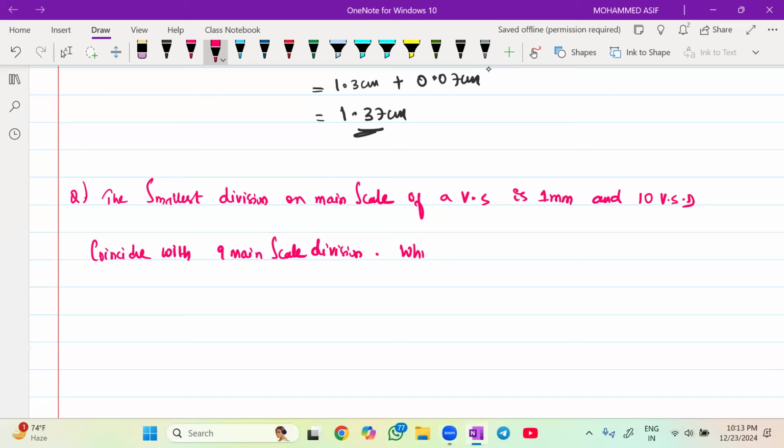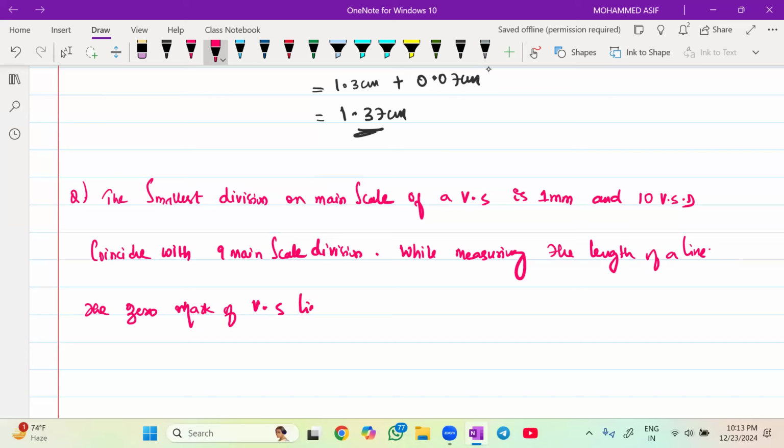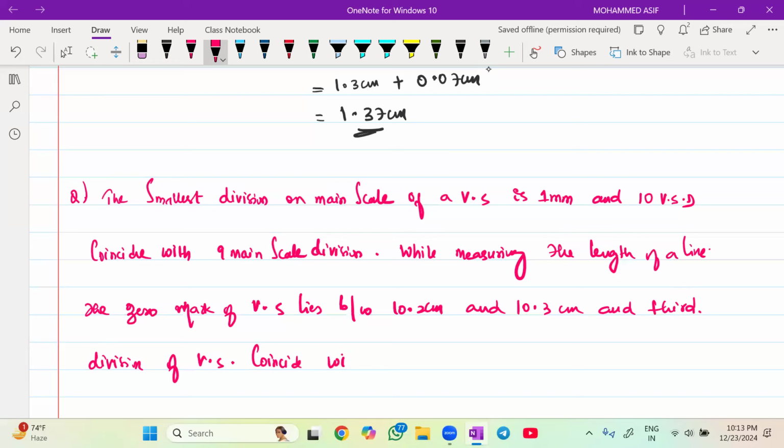First of all, while measuring the length of the line, the zero mark of the Vernier scale lies between 10.2 centimeter and 10.3 centimeter, and the third division of the Vernier scale coincides with a main scale division.